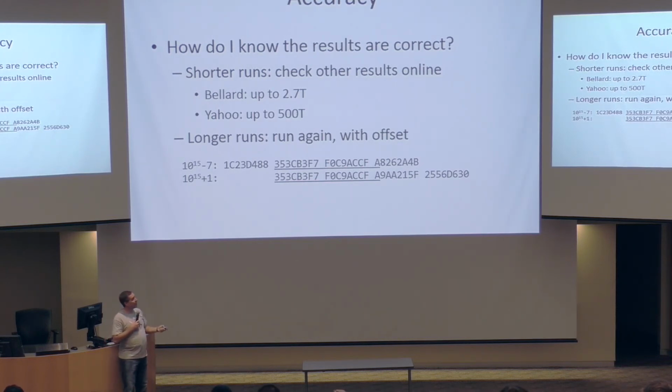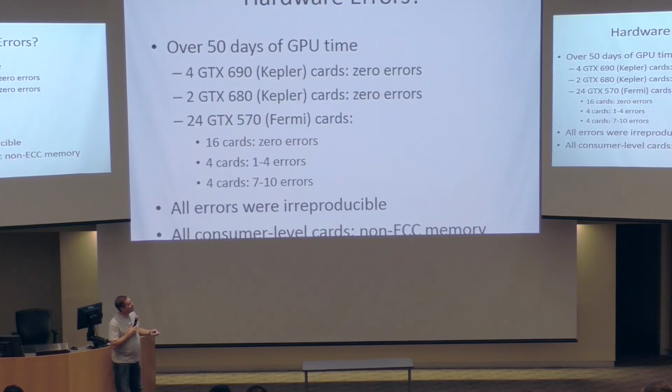And it was interesting, I actually found a few cards that threw off about an error a day, but just the older cards, GTX 570s. Most of the cards were fine, but a few of them would throw off a few errors. It was pretty consistent, there's just a few cards that were bad. So I asked the sysadmin, if and when you upgrade those cards, I want the bad ones. I want to play with those, because I was never able to reproduce any of these bugs.